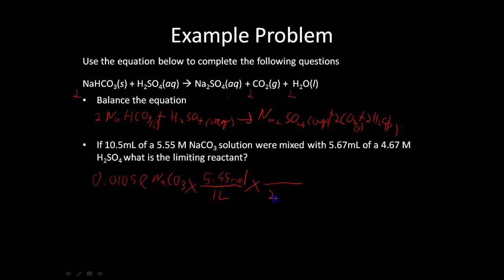So for every 2 NaCO3, I'm going to get 2 H2O. And I'm going to leave it in moles here, actually. Okay, so we can cancel the sodium carbonate here. We can cancel the 2 here and here. And we're going to see how much water we get. In moles, we're just going to stop at moles. We're not even going to go to mass or to concentration units.